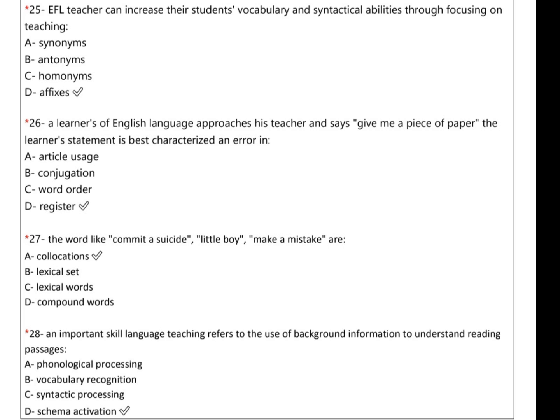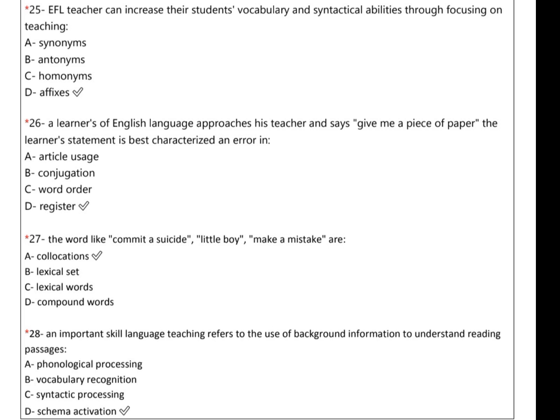A learner of English approaches his teacher and says, "Give me a piece of paper." The learner's statement is best characterized as an error in: A. Article usage. B. Conjugation. C. Word order. D. Register.